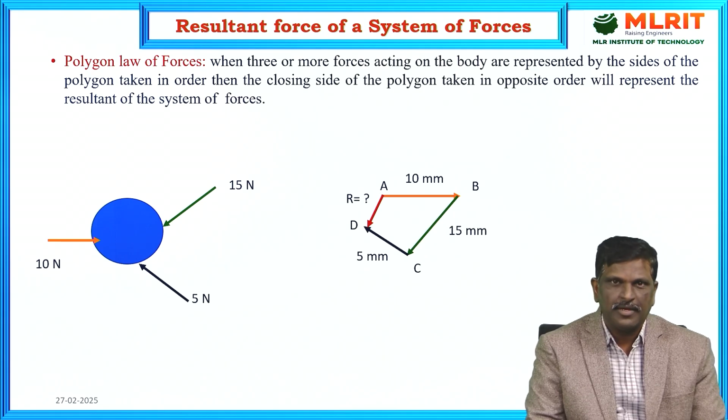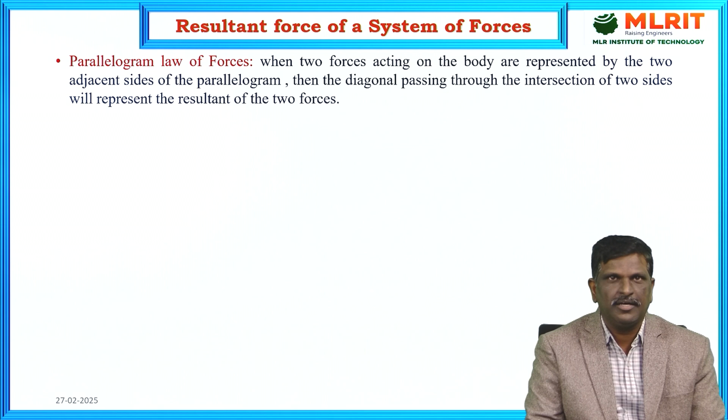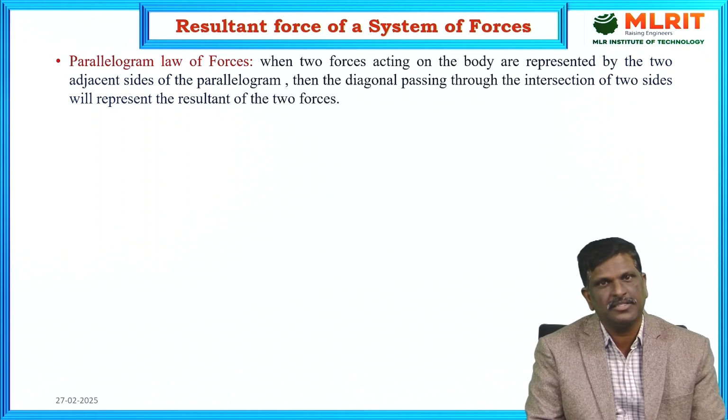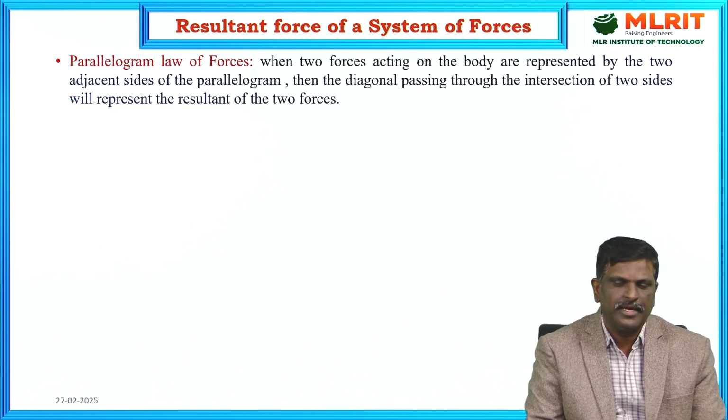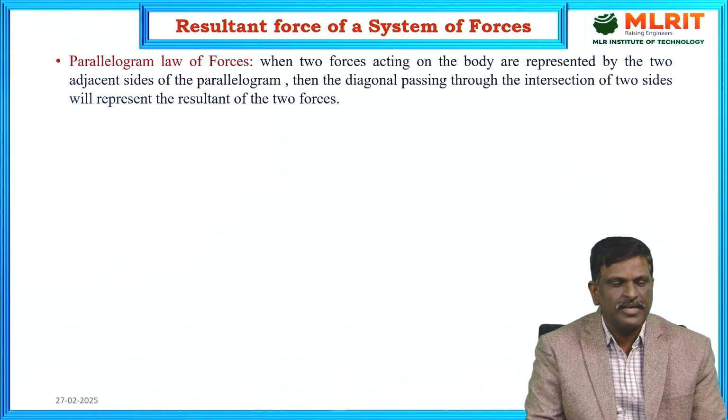Now let us move to the next graphical method, that is the parallelogram law of forces. The parallelogram law of forces states that when two forces acting on a body are represented by the two adjacent sides of a parallelogram, then the diagonal passing through the intersection of the two sides will represent the resultant of the two forces.